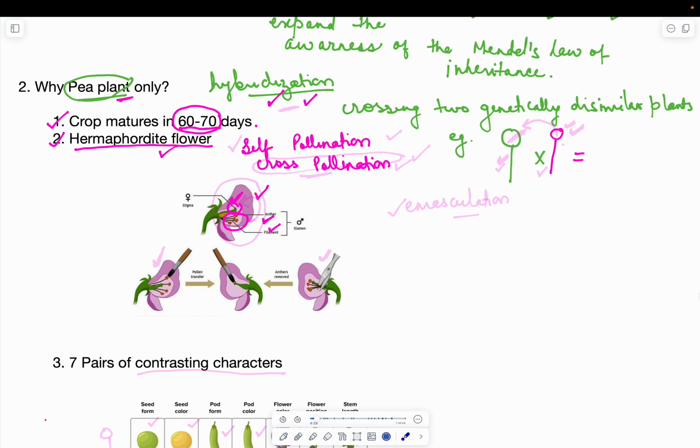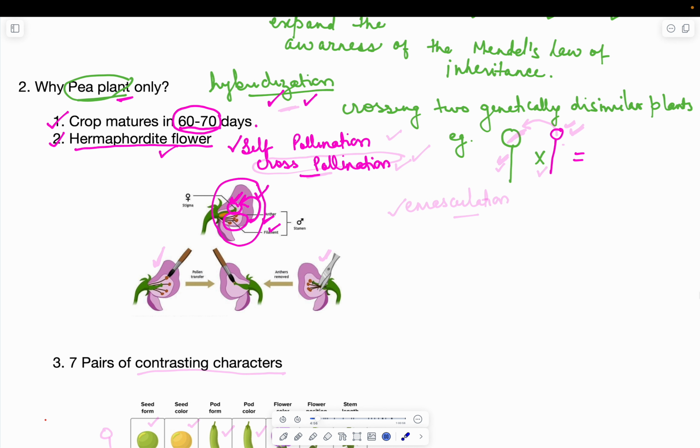Say for example, if Mendel was interested in self-pollination, he will seal this flower upon maturity. So automatically this flower will self-pollinate, right? The pollens of this flower will fall on the stigma of the same flower, right?